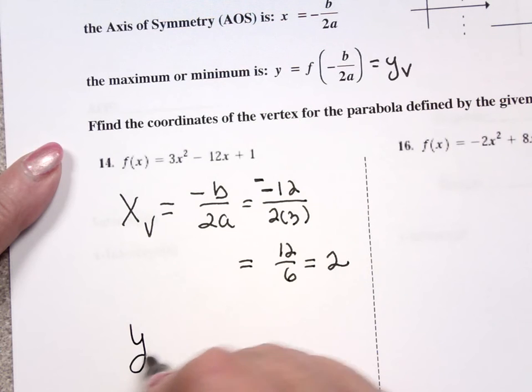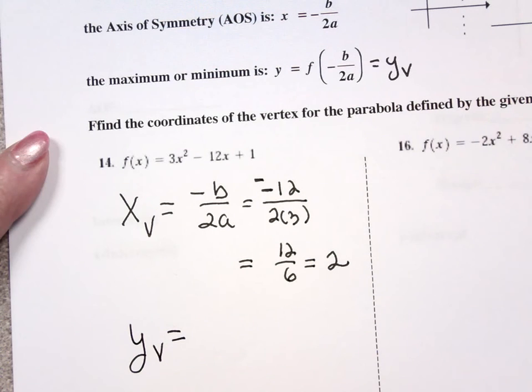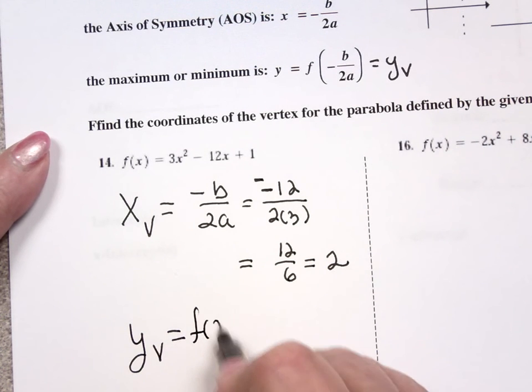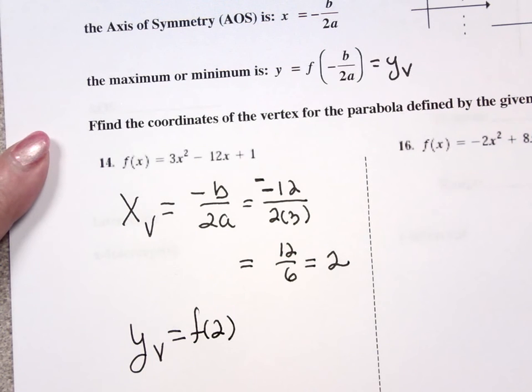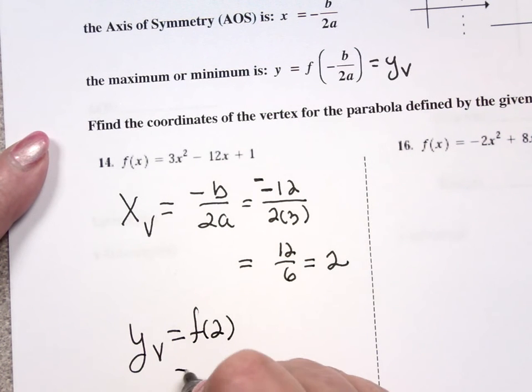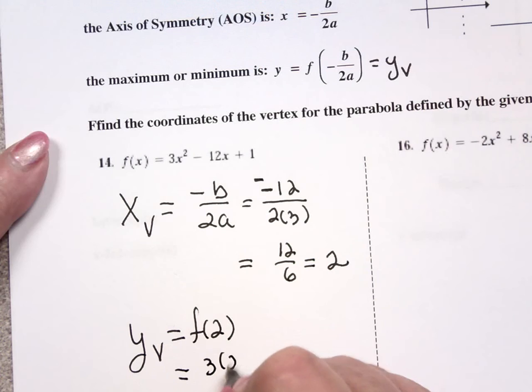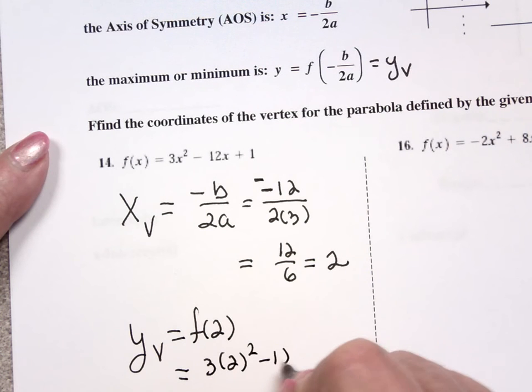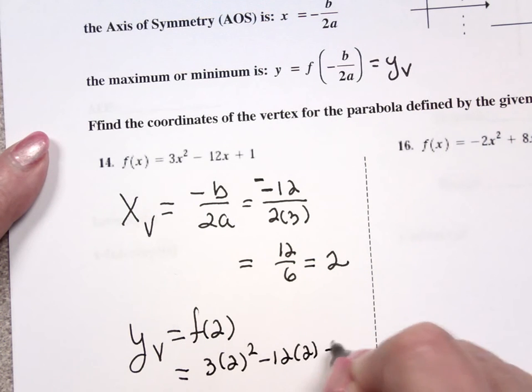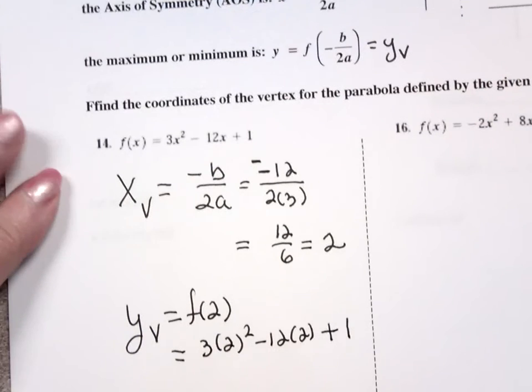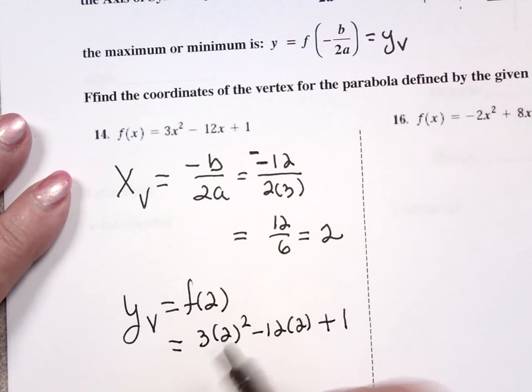And the y-coordinate of the vertex is f of 2. It's f of the x-coordinate of the vertex. So stuff it in. It's 3 times 2 squared minus 12 times 2 plus 1, which is 3 times 4 or 12 minus 24.